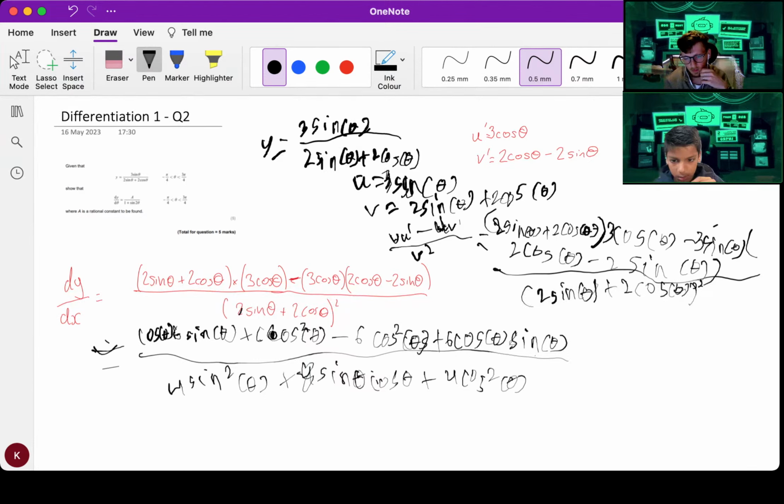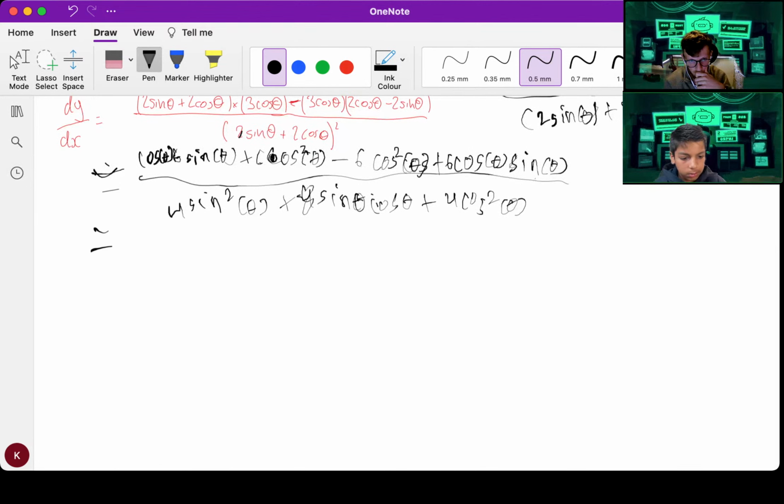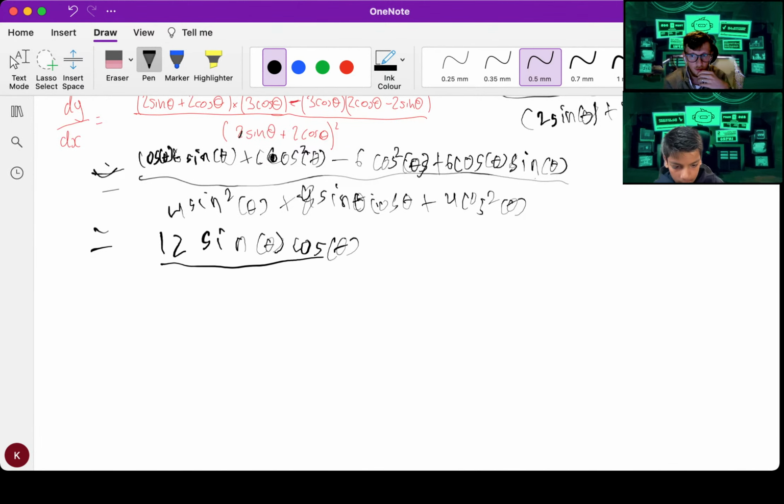So then that simplifies to make 12 sine theta cos theta divided by.